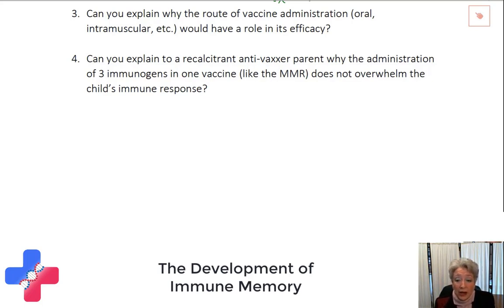So as we age, it's true that our memory cells tend to home to locations that are barrier systems of the body, to the skin and the submucosa, and wait there for a pathogen to enter again.